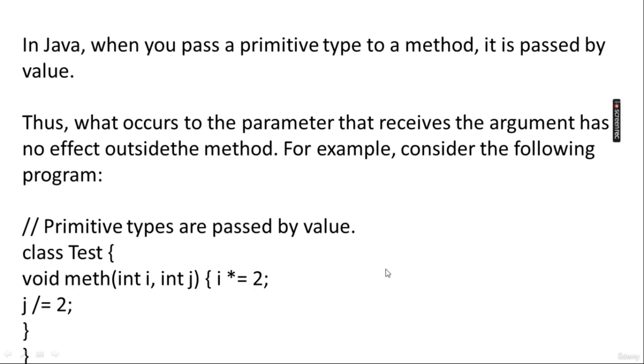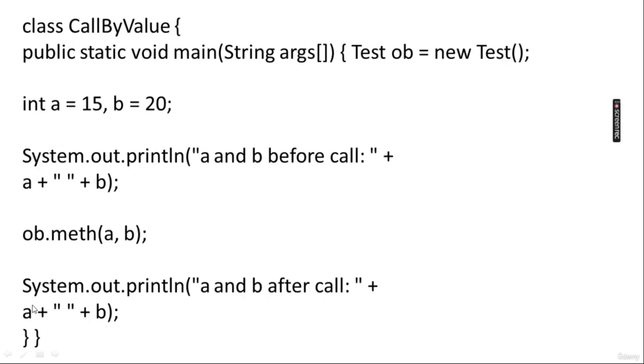Here class Test is created. Method having two parameters, int i, int j. i is equal to i into 2 and j is equal to j divided by 2. So whatever you will be passing, i will be multiplied by 2 and stored into i, and j will be divided by 2 and stored into j.